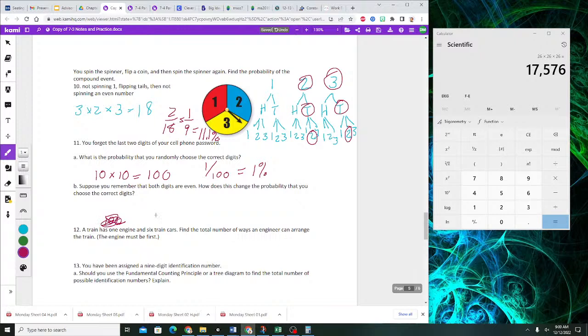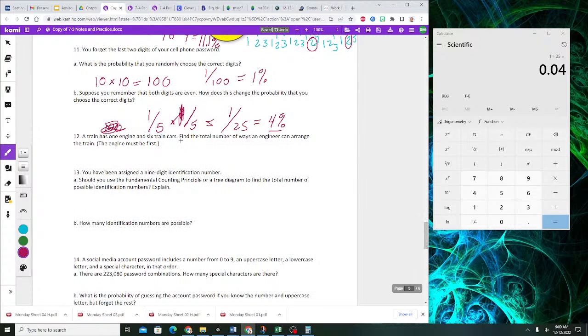I think the better way to do this would be to say you now have a 1 in 5 chance times a 1 in 5 chance. And so that gives you 1 in 25. And so 1 divided by 25 gives you a 4% chance of getting it correct then.